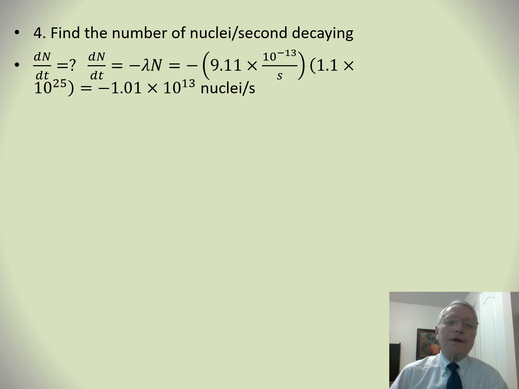Okay, finally, we can do it. If we knew how many nuclei were decaying per second, we could then combine that with the energy per decay, and we'd know the power. So we need dN/dt. We have an equation for that. It's in your book. We saw it last time. It's in the chapter summaries. dN/dt is minus lambda N. So we take minus the lambda that we found times 1.1 times 10 to the 25 nuclei, and we get minus 1.01 times 10 to the 13 nuclei per second.